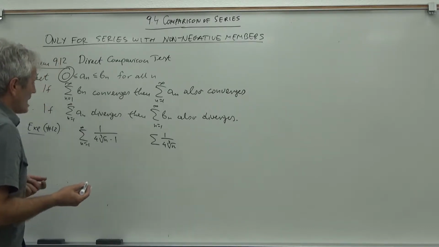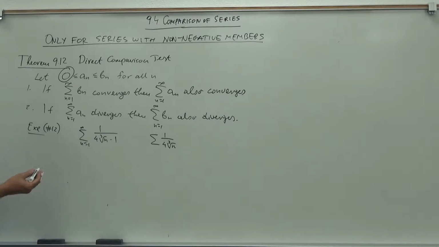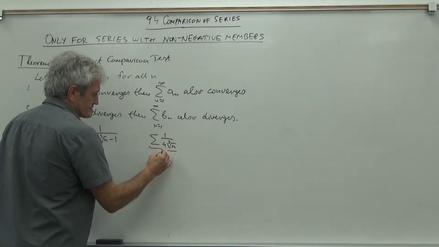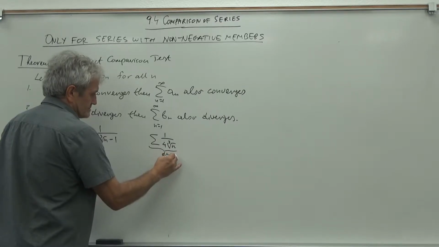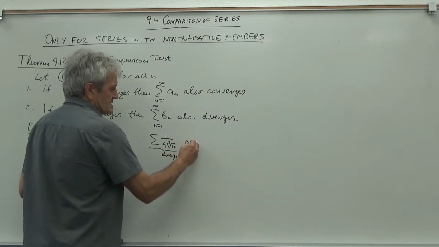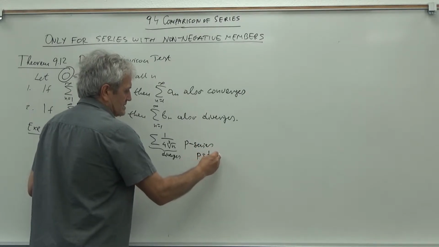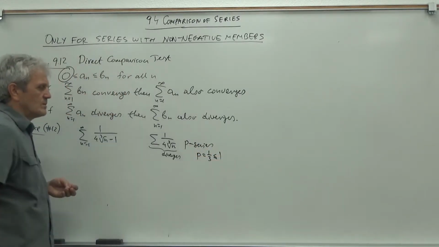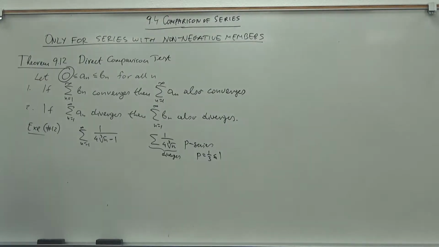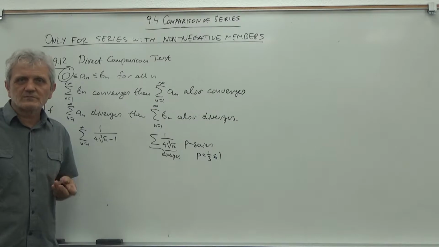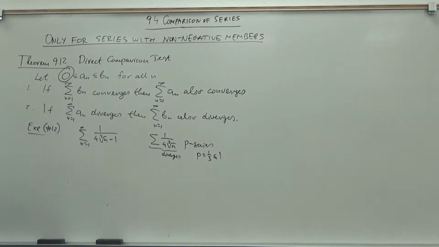Then what? I know that this one diverges. Why? Because it's a p-series, p equals 1/3, which is less than or equal to 1. You can say, yes, but what about the 1/4? The 1/4 will be factored out, so it doesn't influence convergence or divergence. That's easy to see.